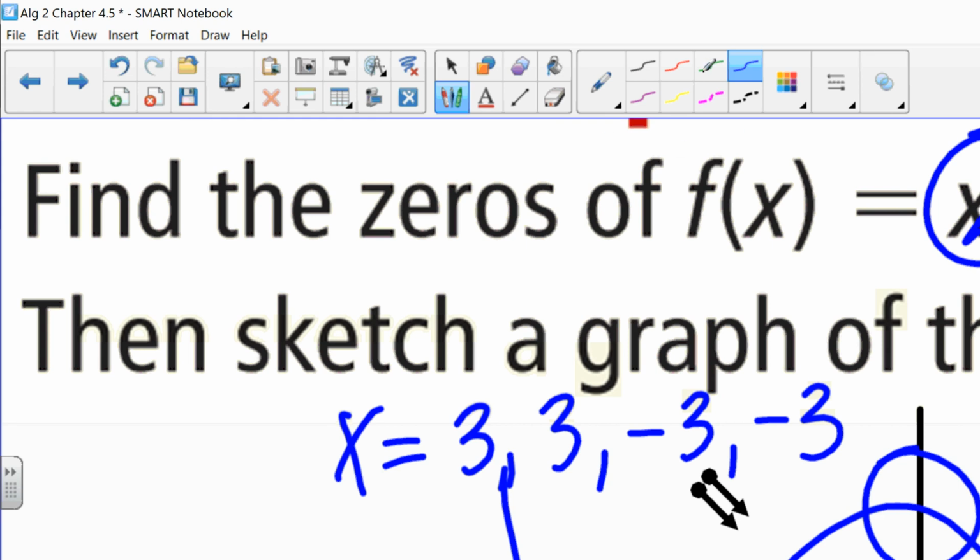What about negative 18x squared? That's 0 too. The only thing that's left is 81. So that's where it would cross the y-axis. And then we would have the point -3, 0, and the point 3, 0, and we can sketch somewhat of a graph. Questions on this?